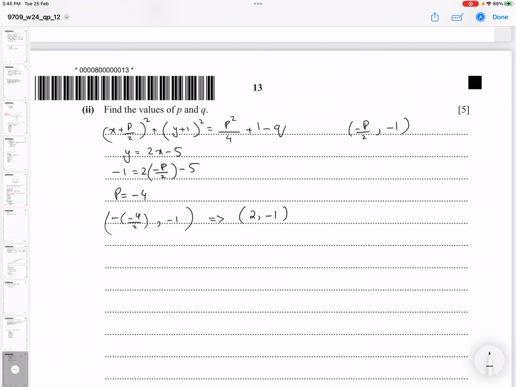The coordinates of A were also given as (4, 3), and you have the coordinates of the center (2, minus 1). You write x1, y1, x2, y2, and now use the distance formula to find the radius.